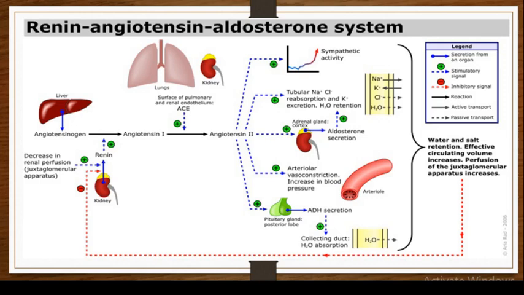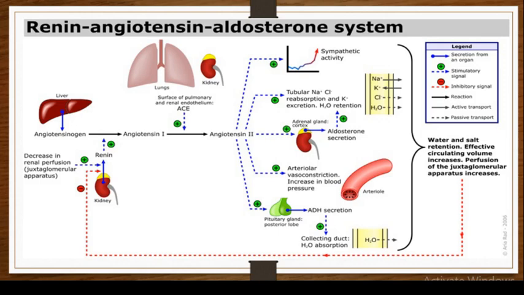As I mentioned earlier, these juxtaglomerular cells are part of the glomerular afferent arteriole. Once they sense that the flow to the kidneys or to the arteriole has reduced, they secrete renin.